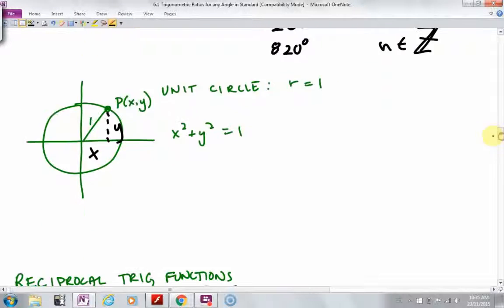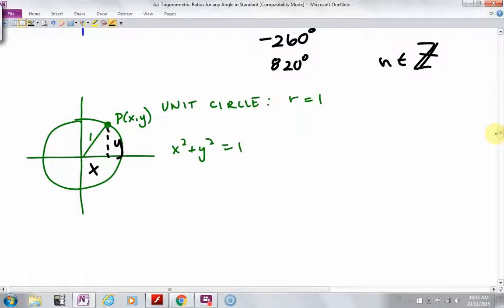Angles in standard position. We talked about this already at the beginning of class. When we talk about an angle in standard position, we're going to use a point P to define a point on a unit circle in standard position, in a quadrant that defines an angle in any quadrant, 1, 2, 3, 4. A unit circle, all that means is that the radius is 1 unit.